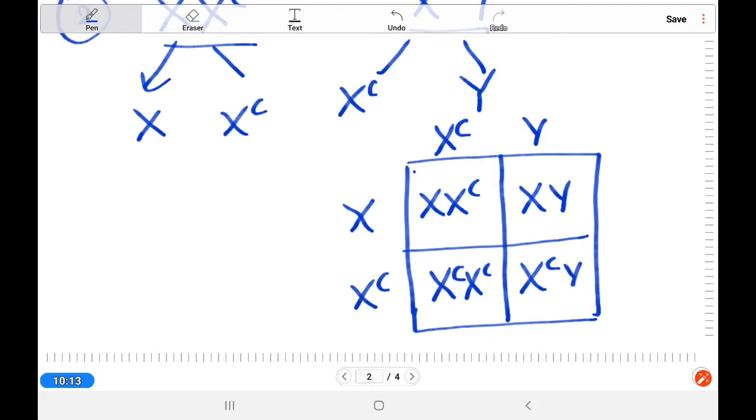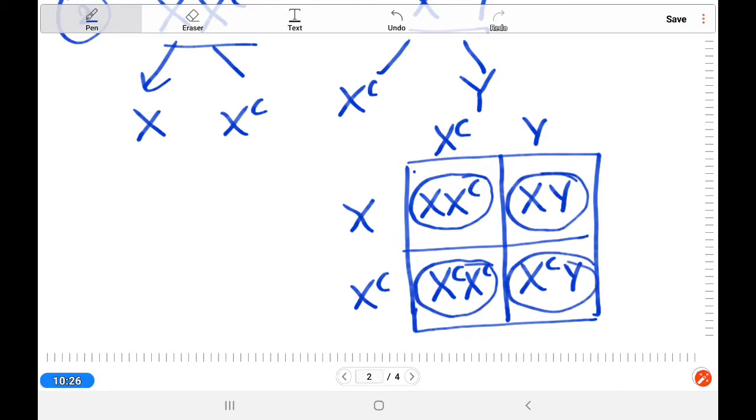XCY. Now here it was a normal but carrier female. This is colorblind, this is a normal male, and this is a colorblind male. So one colorblind male, one colorblind female, one carrier female, carrier but normal, and one completely normal male. That other case you also have to do. Please do that.